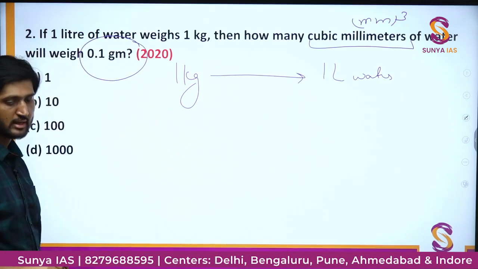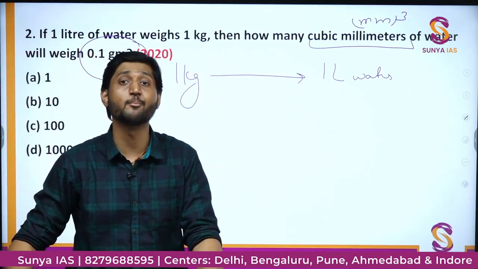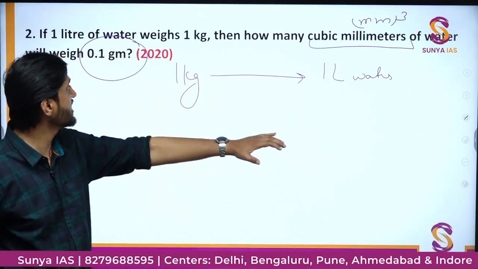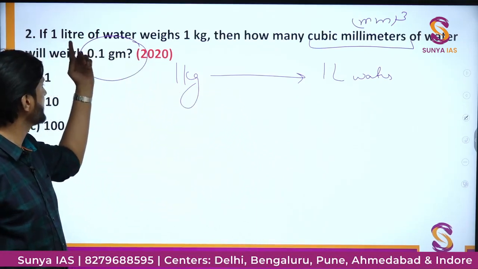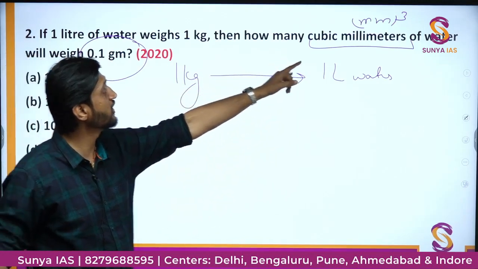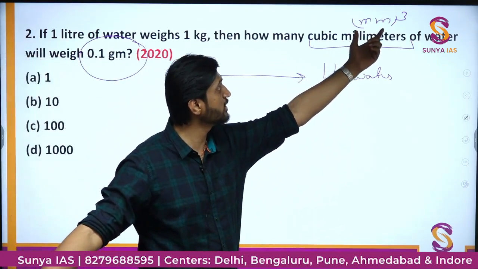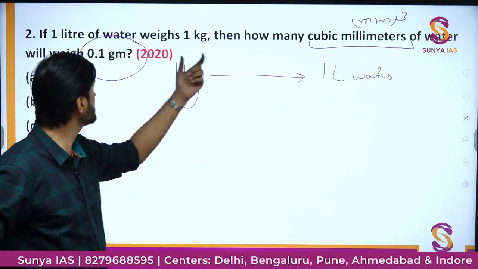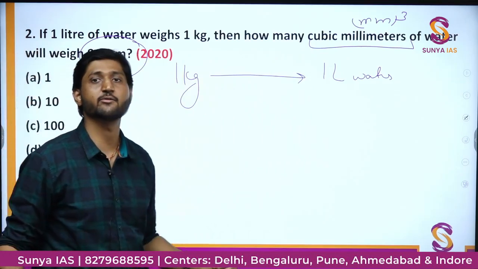The question is seemingly quite complicated because there are different kinds of units involved. First we have liter, then we have kilogram, then it is asking in how many cubic millimeters you will get 0.1 gram. That is the question.